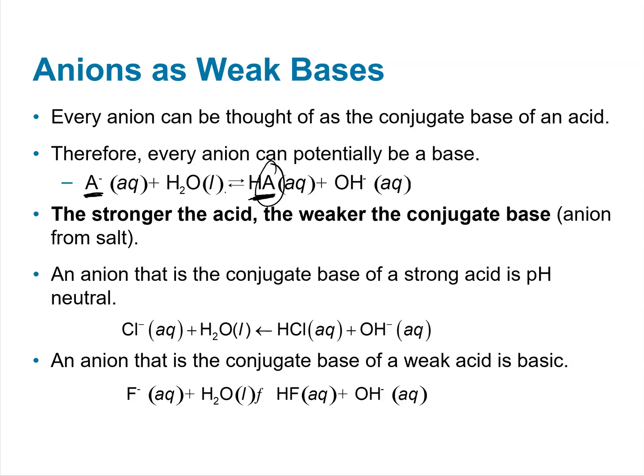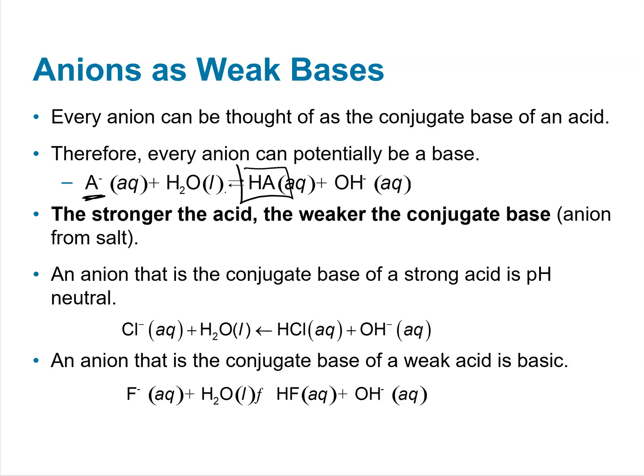Conversely, if A minus is a strong base, and it really wants to take protons off of things, like water, its conjugate acid, HA, is not going to be a very good acid.